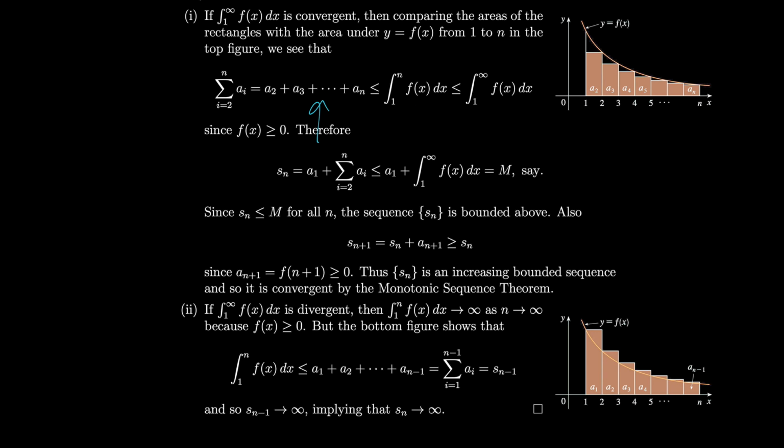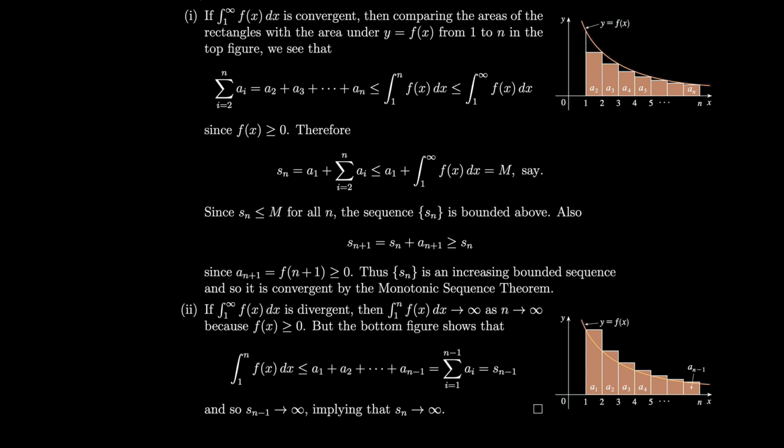So a_1 plus our integral, because our integral is convergent, equals some number. We take that number, add it to a_1, and we get some other finite number, so let's name that number M. So S_n is bounded by M for all n. So our sequence is bounded above.